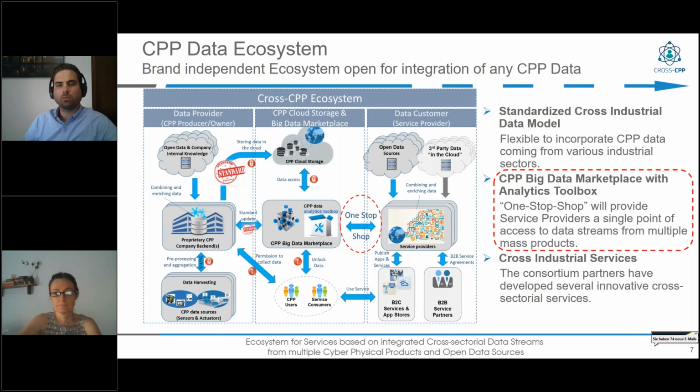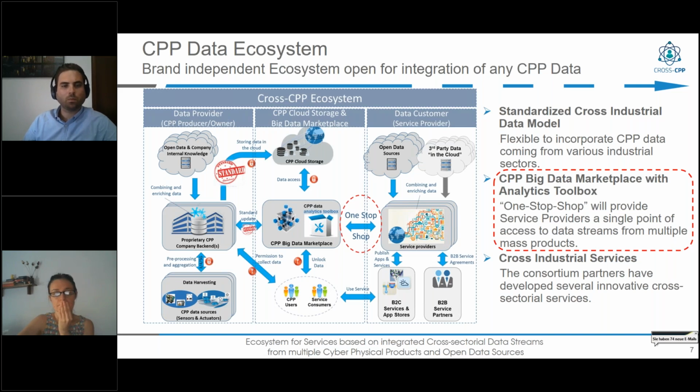So if you have a look at the whole system, I will try to keep it very short here. You can see the system is built of three different pillars. On the left side, we have the data provider side, where we also have to implement some technology solutions inside, for example, vehicles or houses, so that they are able to gather information.